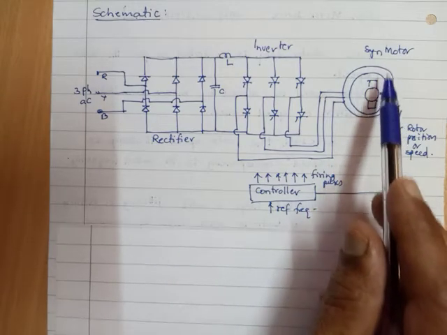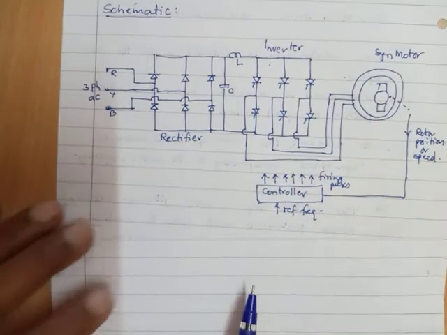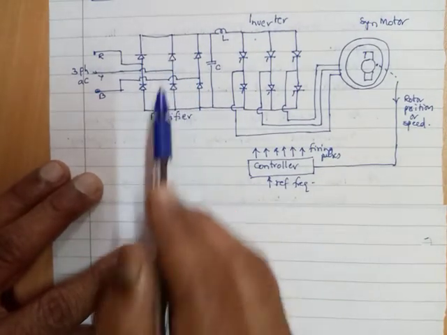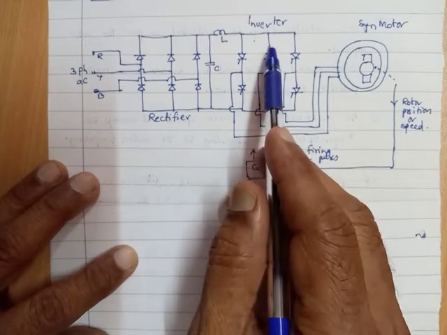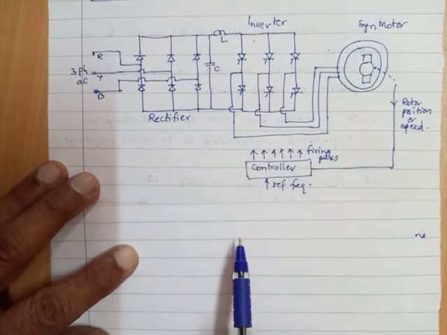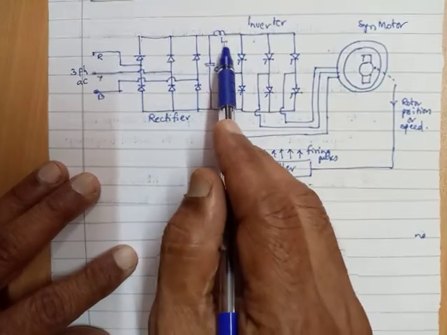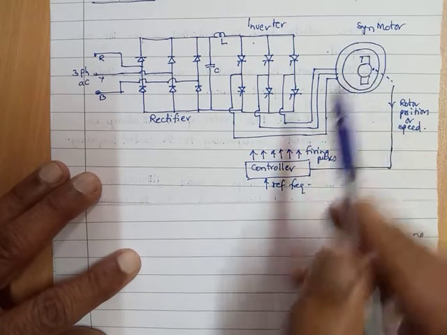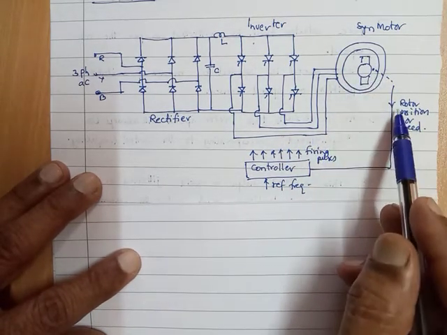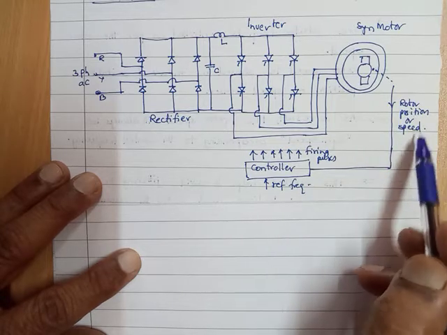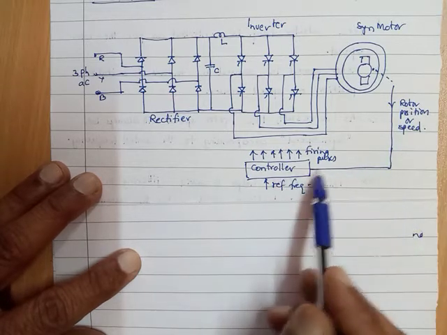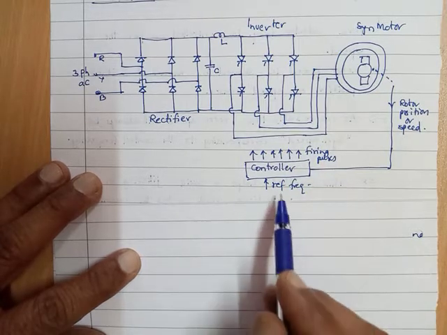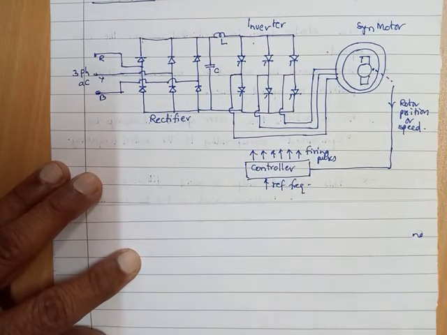We have the rectifier, a three-phase bridge, the inverter, again a three-phase bridge, in between L and then C, the synchronous motor, the speed or position sensing, and the controller producing firing pulses.